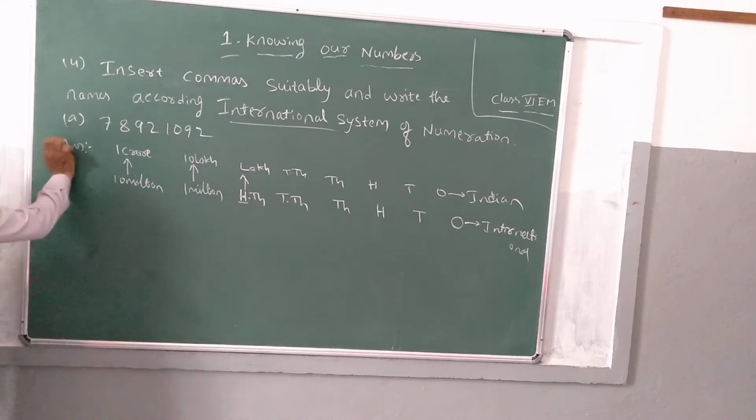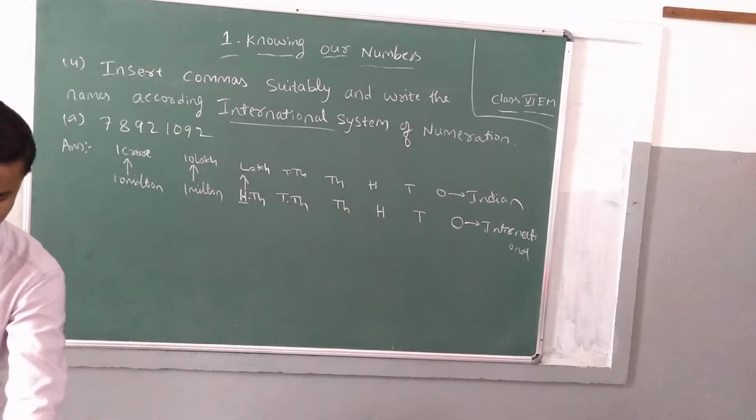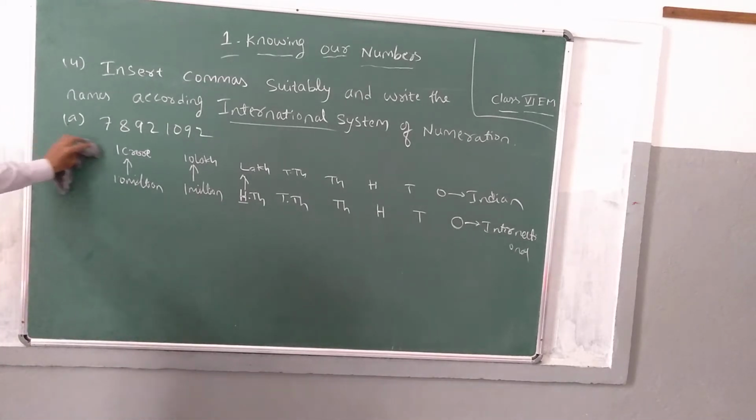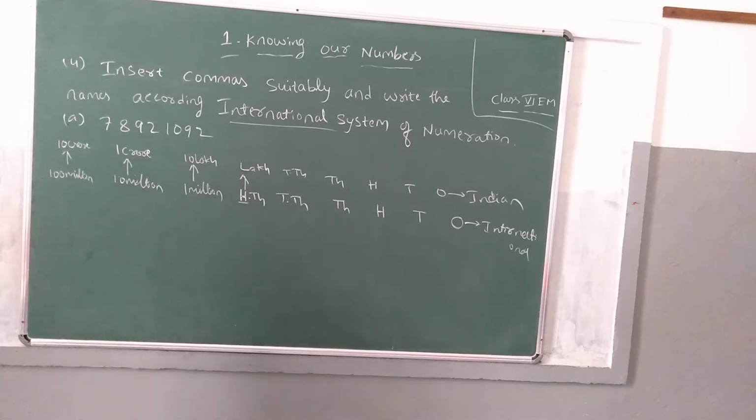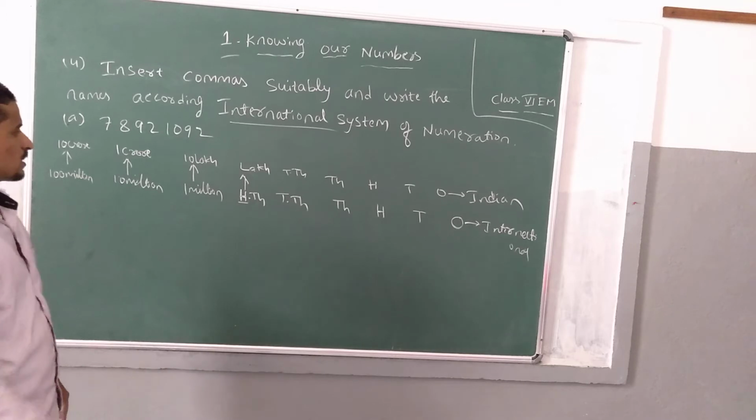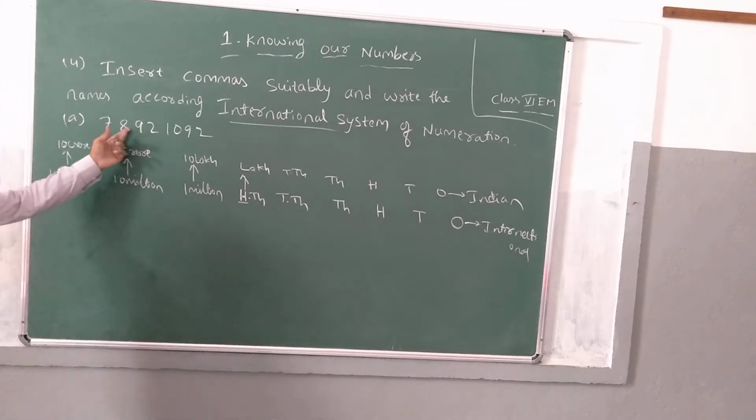Next 100 million. 10 crore means 100 million. Okay, like this. You have to move like this.